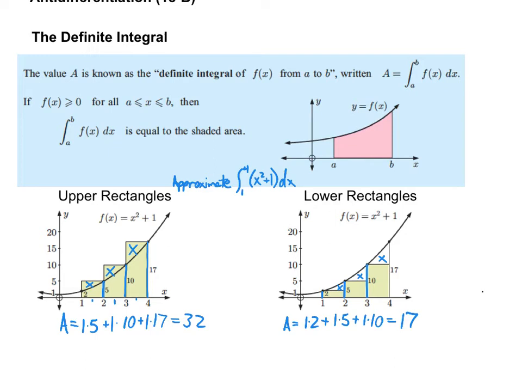Okay, if we average these two numbers, that's probably going to get us a pretty good approximation. Okay? So a better approximation would be the average of 32 and 17, which ends up being 49 divided by 2, which is 24.5.